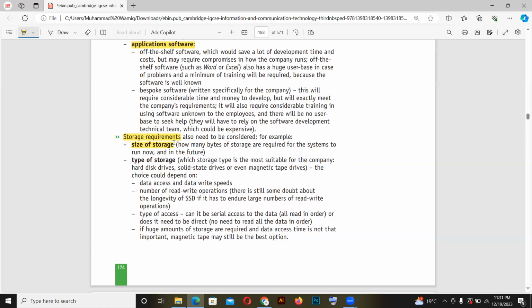The second aspect can be the types of storage, for example hard disk drive, solid state drives, or even magnetic drives. Their choice would depend on data access and data write speeds, the number of read and write operations, the type of access, and how much data storage is required.